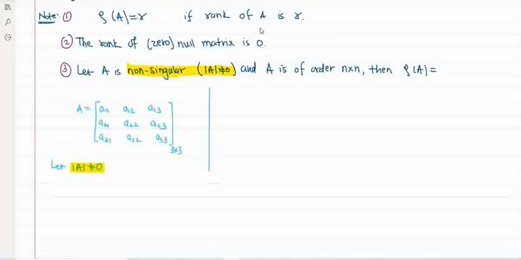For this 3 by 3 matrix, suppose I want a minor of order 4. Is it possible? No, sir. Because what is the first step? You have to select any 4 rows. Are 4 rows available? No. That means a minor of order 4 is not possible.